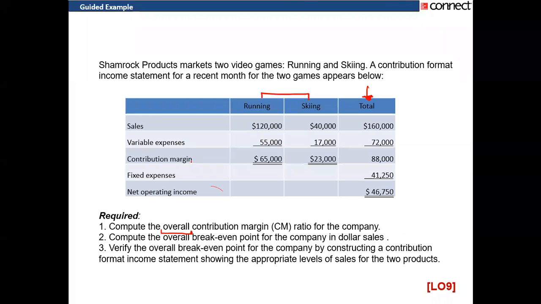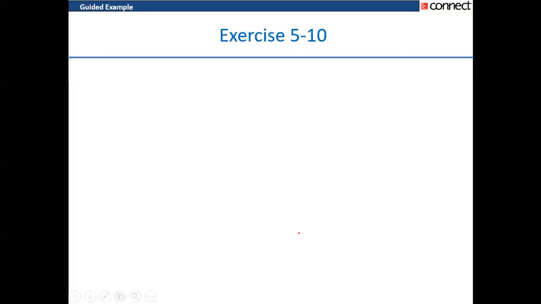So we need to find out the overall contribution margin first, and then we need to find out the contribution margin ratio. Okay, so let's take this screen for the first requirement. We need the contribution margin ratio, so we can find it in this way.